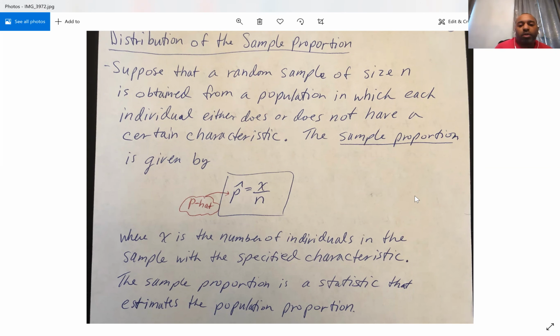So the sample proportion is a statistic that estimates the population proportion. As always, it'll make more sense once we put numbers on it. When we do this calculation, it's going to estimate what goes on with the population. We're going to use our sample to estimate what goes on with the population.